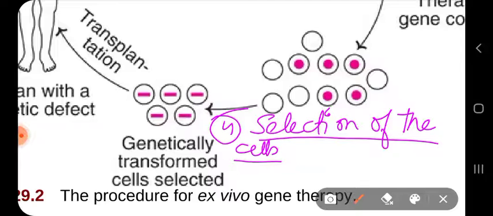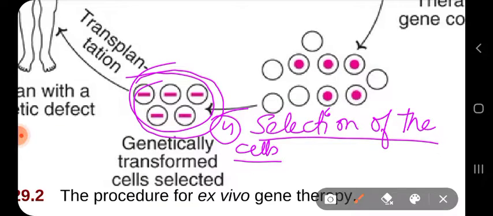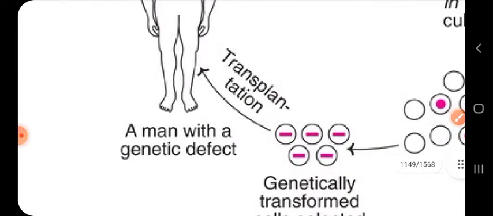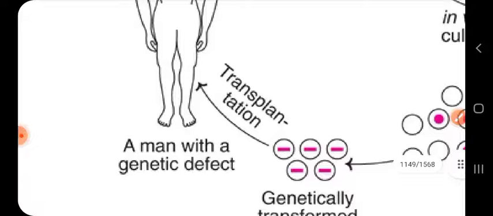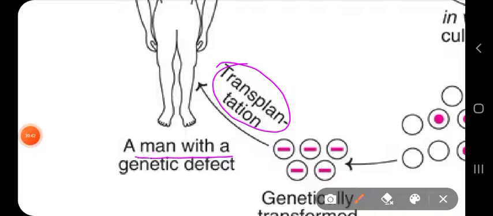When we introduce the gene, we also use some selection agents and selectable marker genes, so that during the selection process we can understand which cells are transformed, which cells have our gene of interest correctly inserted. Then, after growing the cells for a certain time, we will transplant, we will introduce them into the same patient. Transplant is the fifth point.